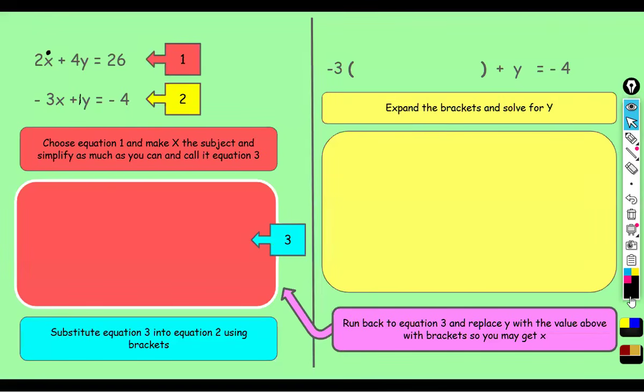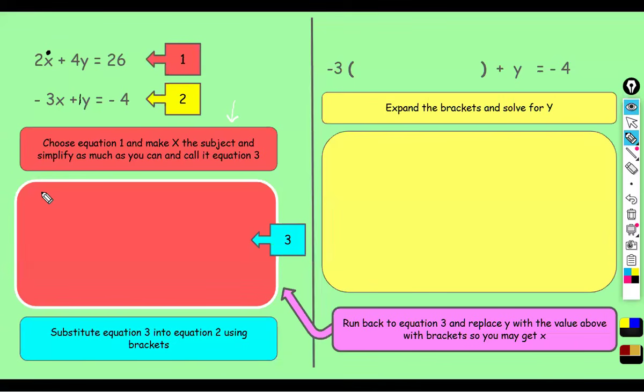So according to my notes here, we said we were going to choose equation 1 and make x the subject. Now, both x and y have nice values touching it. 2 is a nice value, 4 is a nice value. But I'm going to make x the subject.